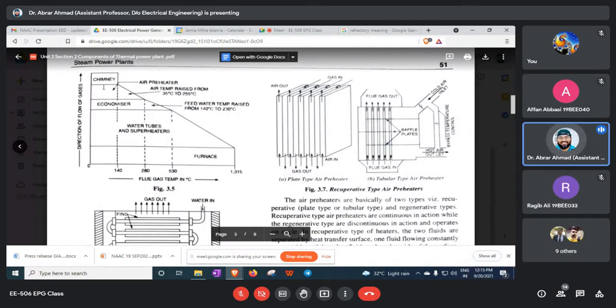But before going into the chimney, we can harness the heat of the air at many places. So one is water tube and superheaters, one is economizer, one is air preheater.